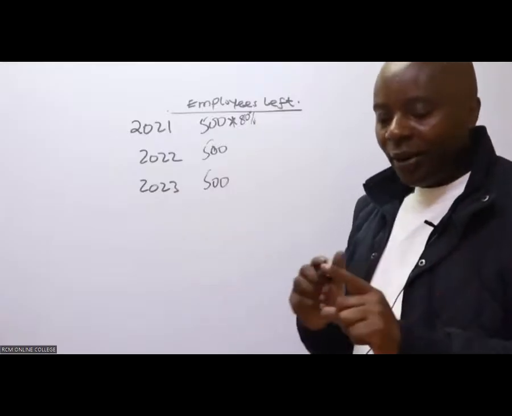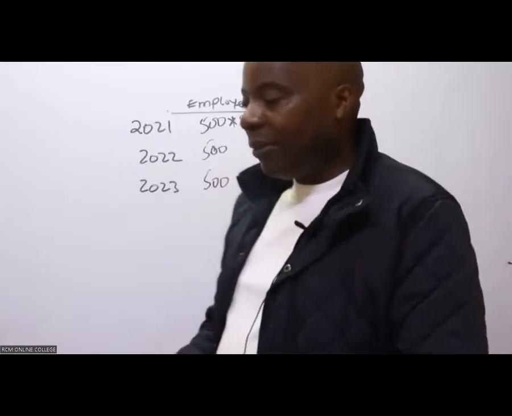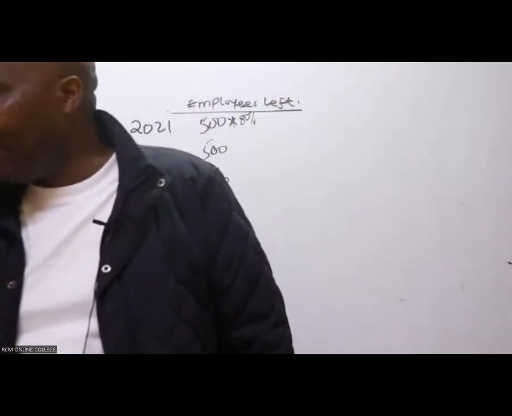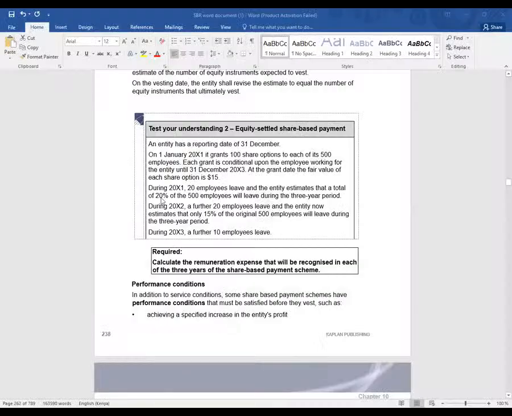All right. Now, what about year number 2? In year number 2, how many guys do we expect to remain behind? You're told here, during 2022, a further 20 employees leave, and the entity now estimates that only 15% of the original 500 employees will leave during the 3-year period.